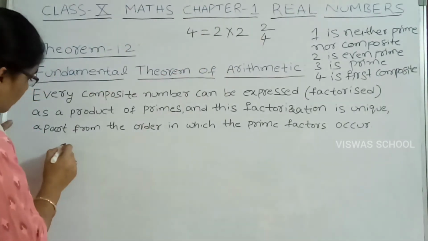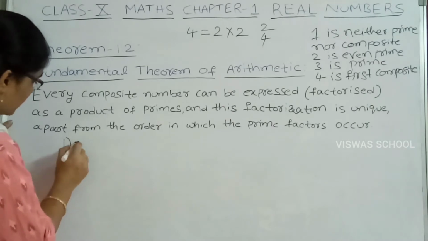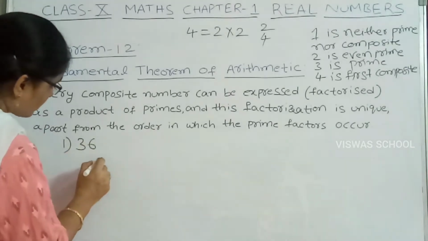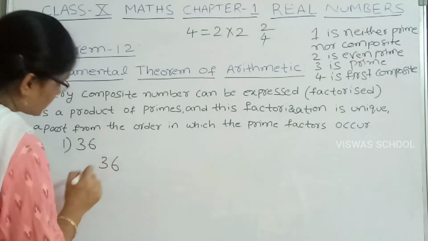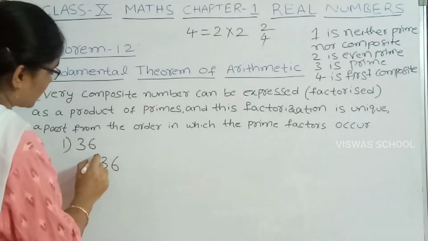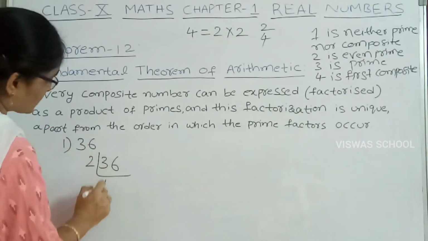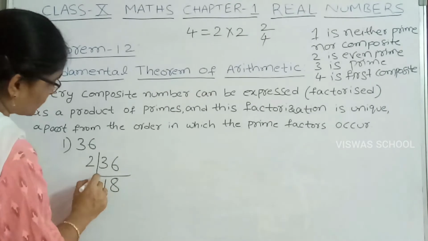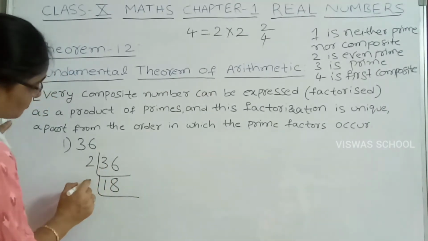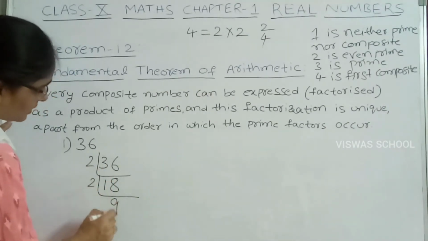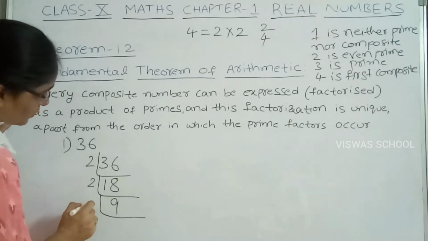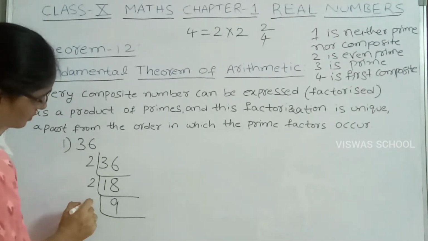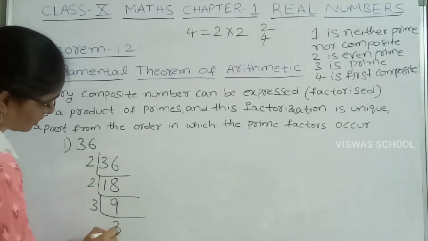Let us see one example, that is 36. We have to express this 36 as a product of primes. 2 1s are 2, 2 8s are 16, 2 18s are 36. Next, 2 9s are 18. Next, 3 3s are 9.